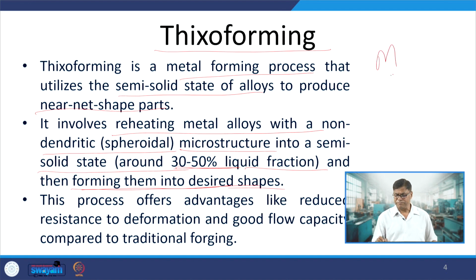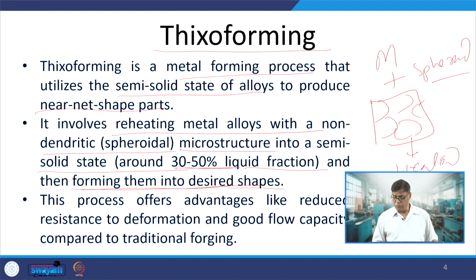So, metal is processed suitably to have non-dendritic structures, which are mostly spheroidal in shape. And then this is heated to achieve say 30 to 50% of the liquid, and then this metal in the semi solid state is subjected to the application of pressure to get the desired shape in a suitable die, which can be open or closed.